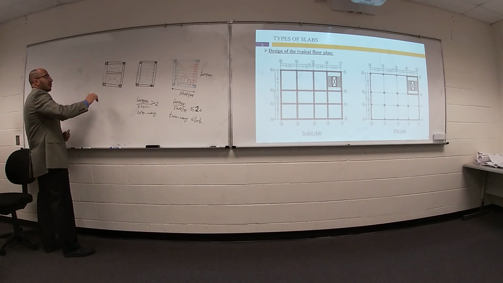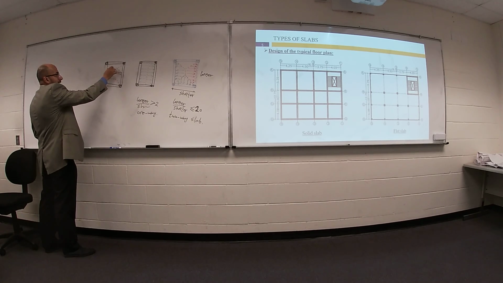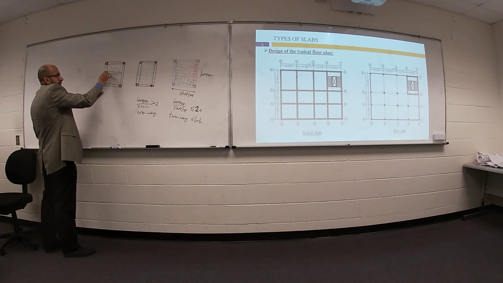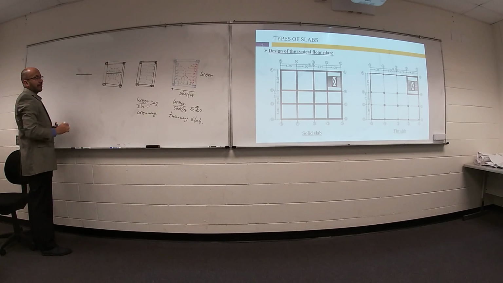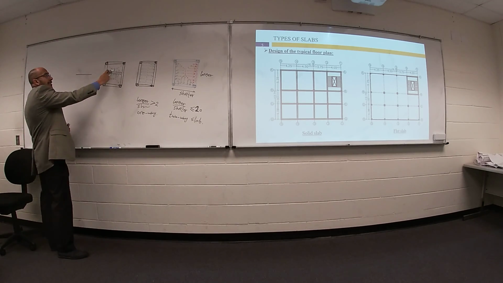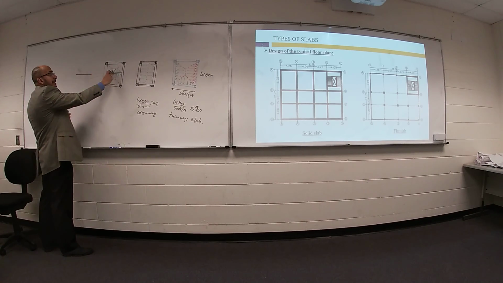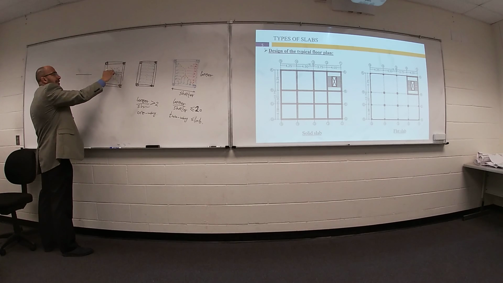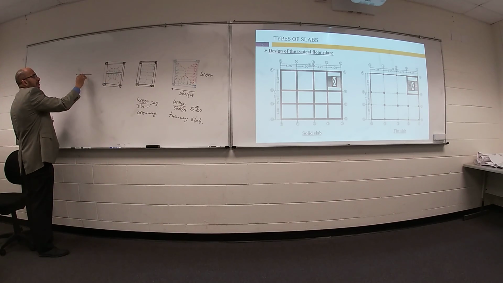I have to start with this beam. Why? This beam has two areas, one from this side and another from the other side. That's right. This beam is called a secondary beam. That means this beam is not supported directly on a column. No. This beam is supported here on another beam, and there on another beam. So I have to solve this beam first.